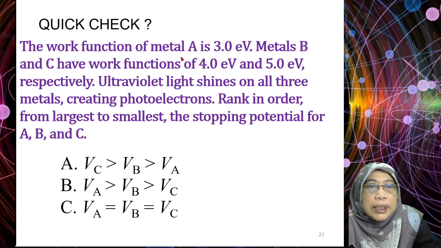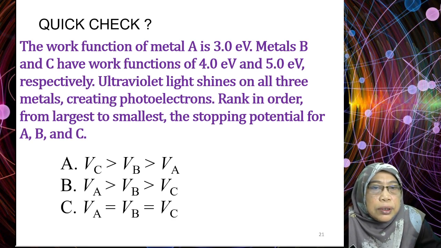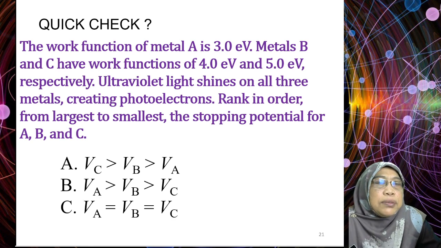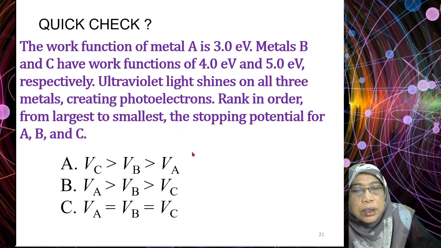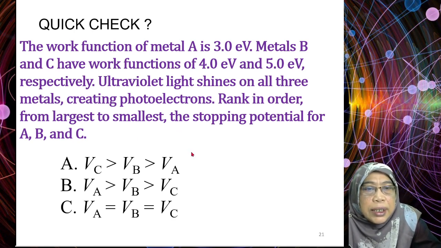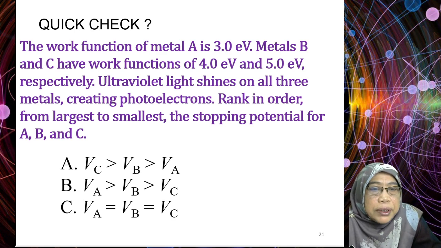Okay, you have 3 metals here. A has work function 3, B has work function 4 electron volt, and the work function for C is 5 electron volt. And then the same photon energy shines on these 3 metals. We need to rank in order from largest to smallest the stopping potential for A, B and C. Recall that when light shines on the metal target, the first thing is given to the work function, and then the balance goes to the kinetic energy.